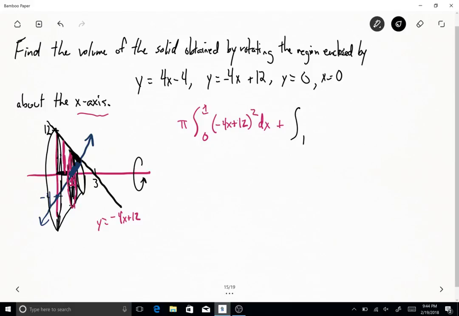And we need to find when negative 4x plus 12 equals 4x minus 4. What does that make? We'll get 8x equals 16, and so x equals 2 is our other bound.